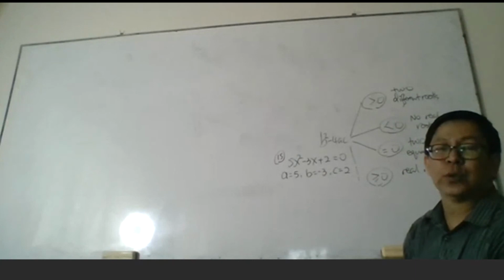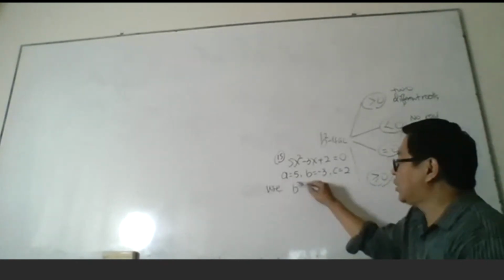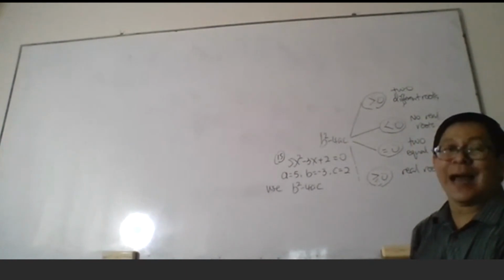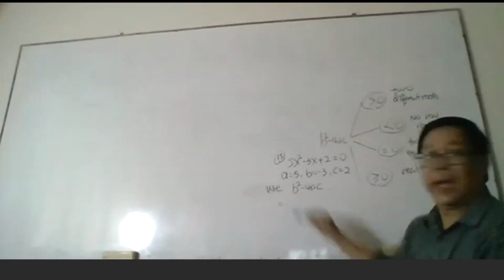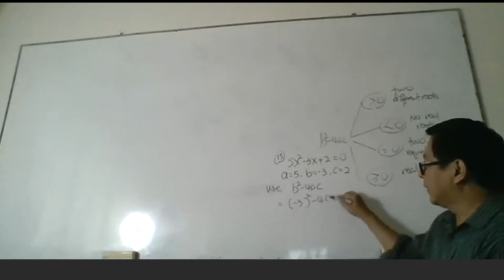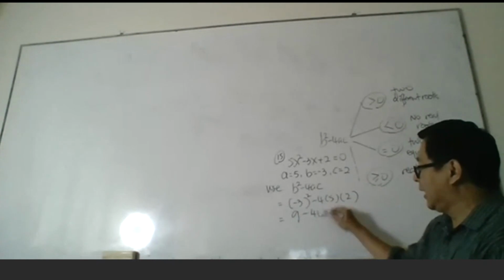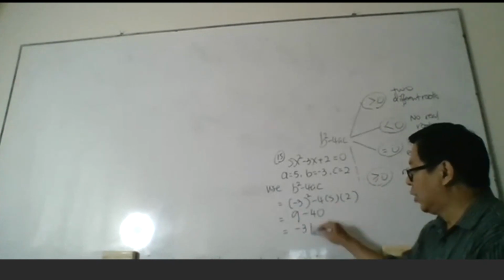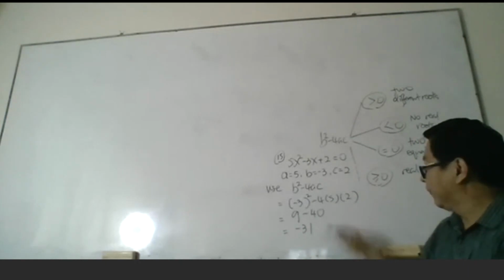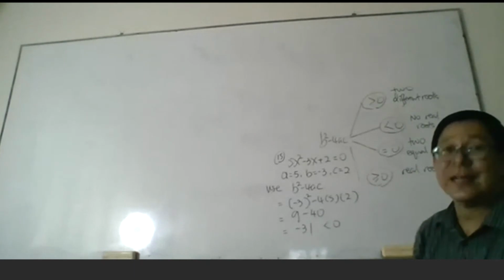So in order to determine the type of the roots, we must use b squared minus 4ac. I need to check the final answer for b squared minus 4ac. So -3 squared minus 4 times 5 times 2, then you get 9 minus 40. So the answer that comes out will be -31, definitely a number less than 0.